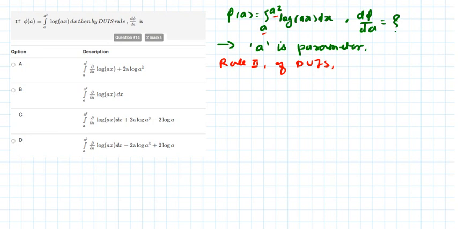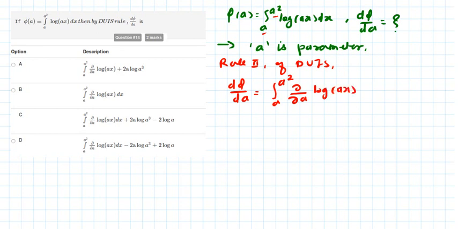So what says rule number 2? In the LHS, you need to take the derivative of phi with respect to the parameter, and there will be some change in the RHS. So what that change will be? Given integrand will get differentiated partially with respect to the parameter. What is the integrand?